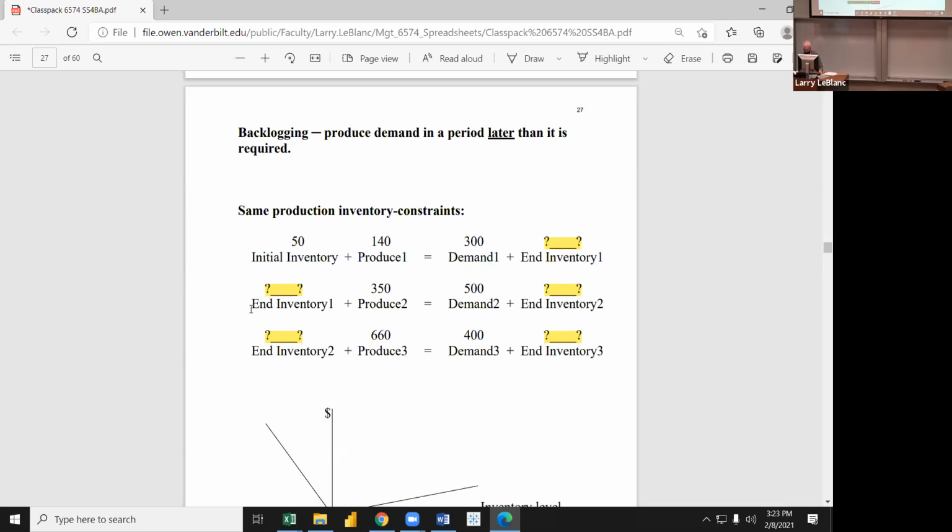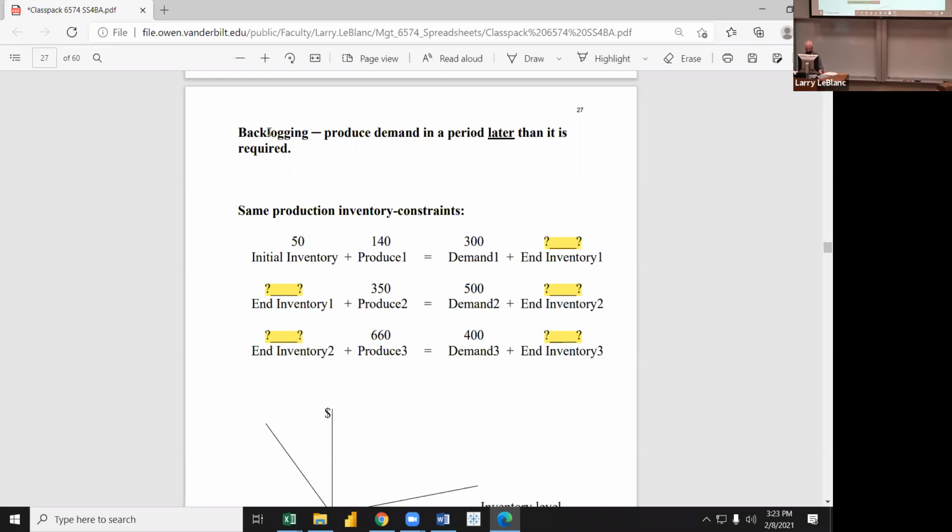Ending inventory at the end of period one plus production in period two equals demand in period two plus inventory at the end of period two. Ending inventory at the end of period two plus period three production equals period three demand plus ending inventory at the end of three. I want you to take a minute and calculate those in your head.